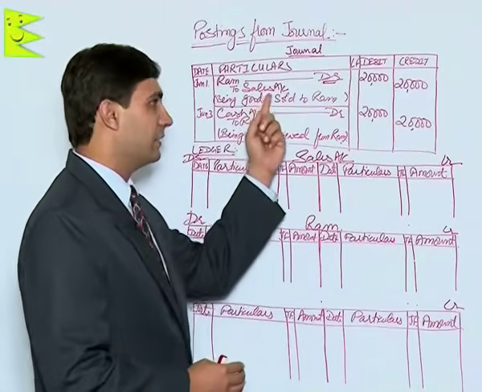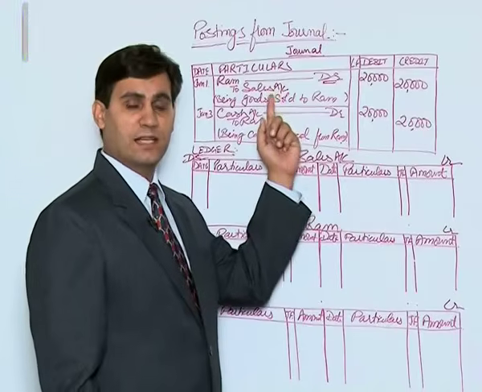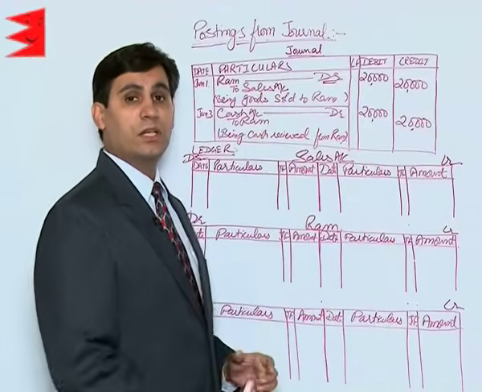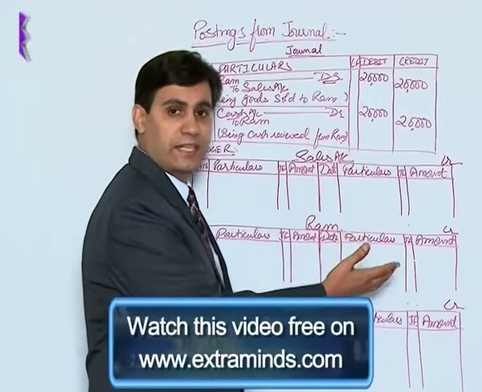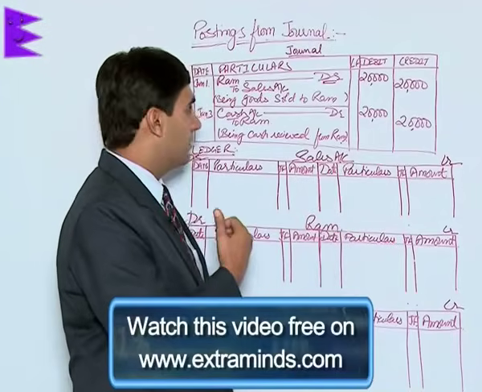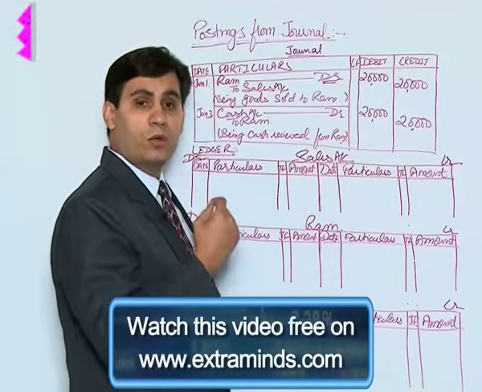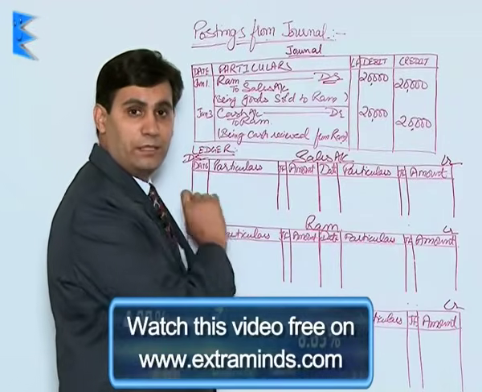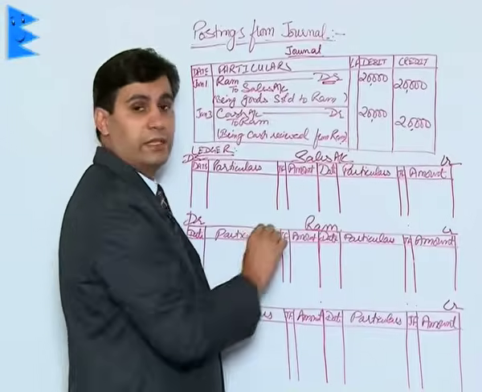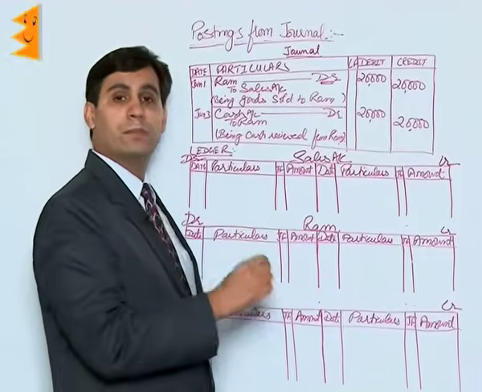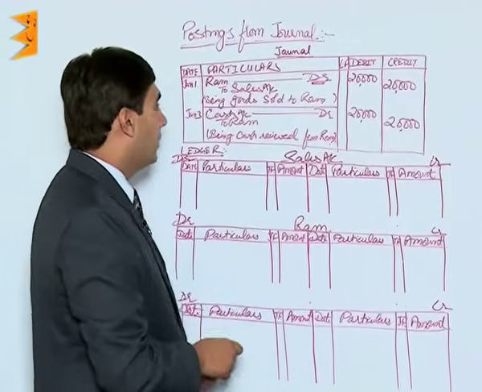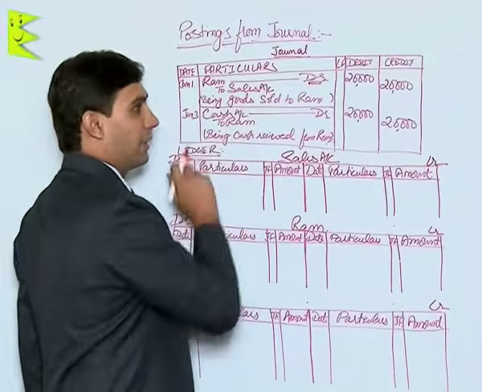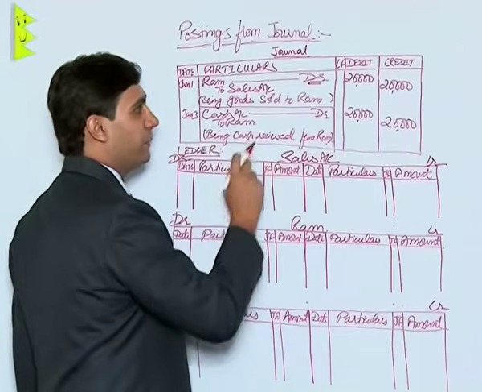And the account which has been credited, in this case sales account, in sales account the entry would be made on the credit side. I'll just repeat it. The account which has been debited, the entries would be made on the debit side, and the accounts which are credited, in those accounts the postings will be made on the credit side. Now students, RAM account debited. Let's see how this will appear.